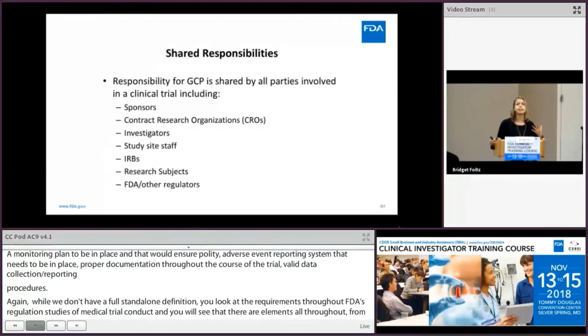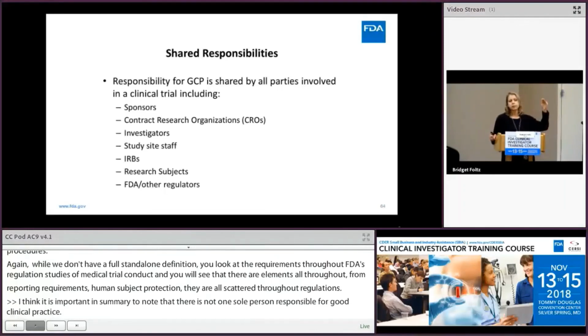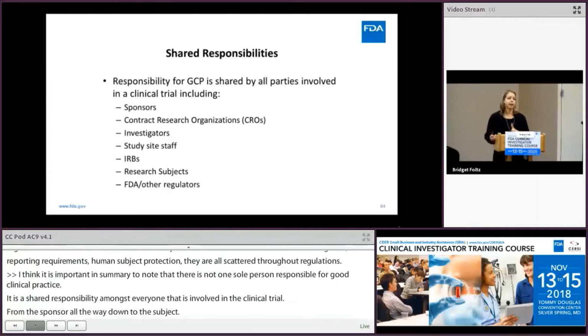And I think it's important, in summary, to note that there's not one sole person that's responsible for good clinical practice. It's a shared responsibility amongst everyone that's involved in a clinical trial, from the sponsor all the way down to the subject. If you have a subject that's not following the procedures that are in place for their requirements to participate in the trial, you're not going to have good clinical practice in place.